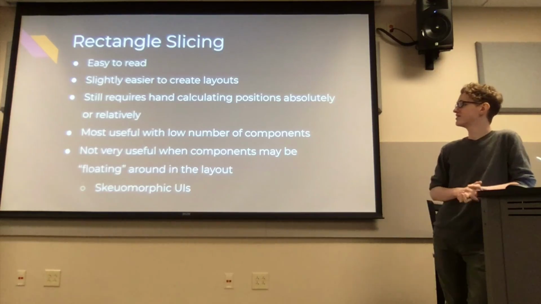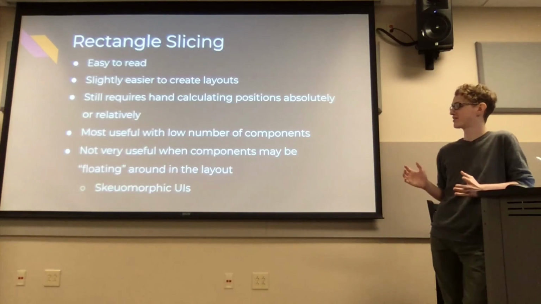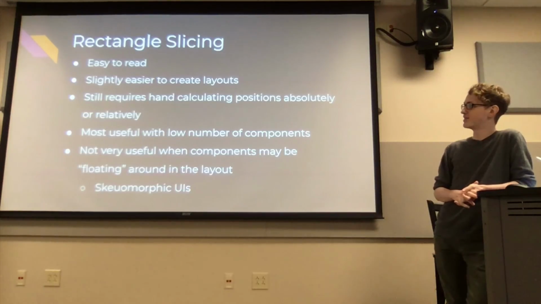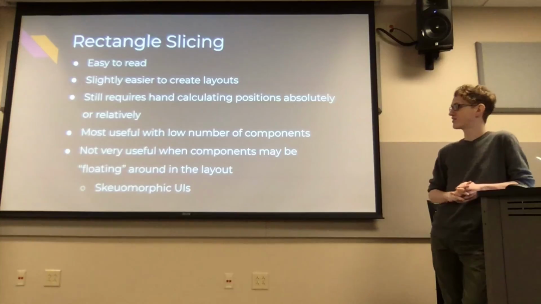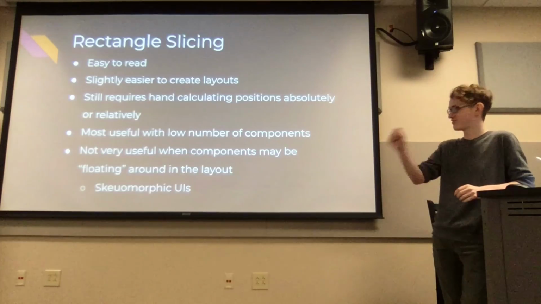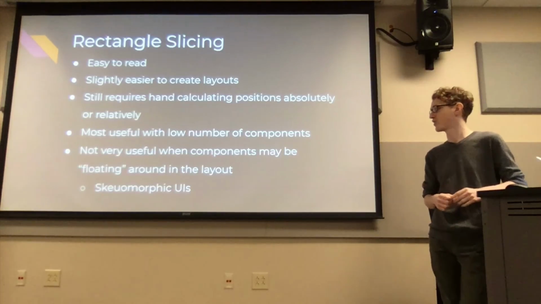And it's easy with a low number of components. That should say per component, because if you have tons of things on screen, but they're all children of the same parent, that is going to be one long resize method of just chopping up all the little sections where they're supposed to go.